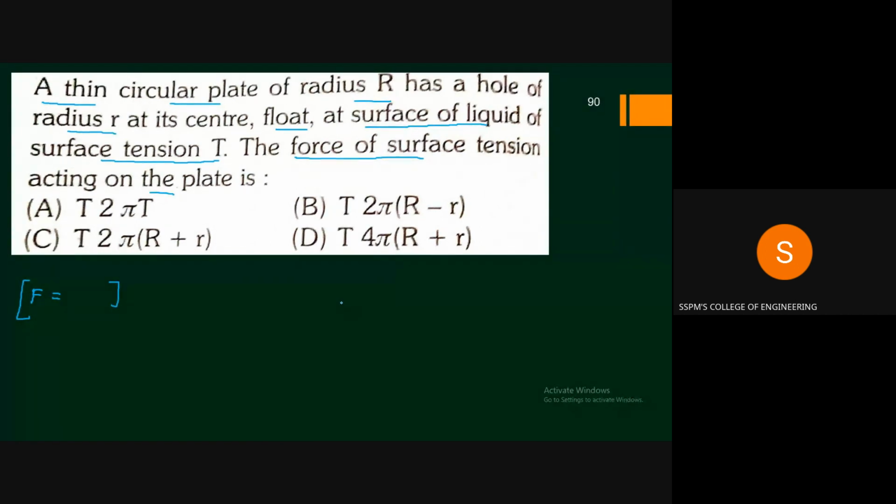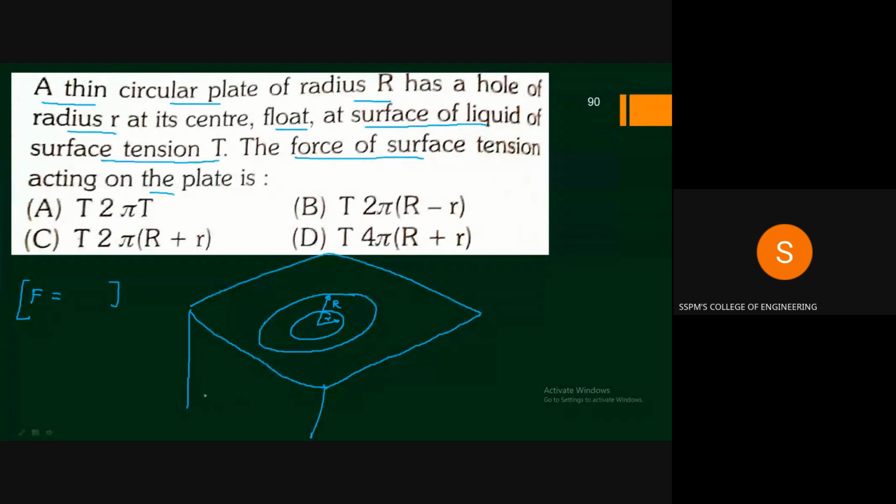The shape of the plate will be like this. The plate is circular, and it has a center hole like this. This radius is a small r, and this radius is a capital R. This plate may be floating on a liquid surface, so let us assume this is a tank and this is the liquid.